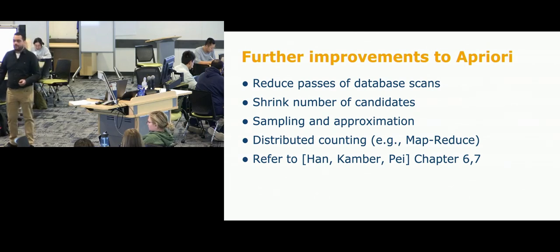So to shrink the number of candidates, you can do some sampling and approximation that would give you the most likely 3-item sets, or item sets that with some probability are the most frequent or the most confident, right?